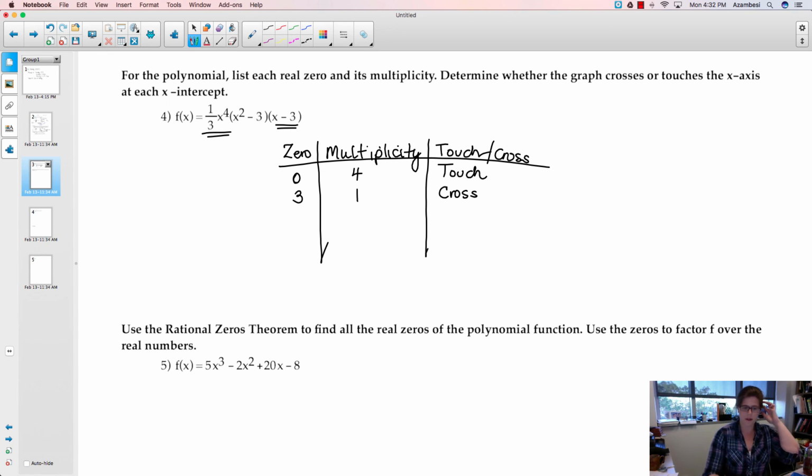Now the middle one is a little bit of a trick question because we already think that it's listed out and factored, but this thing can factor further. Notice that you have a squared term on the inside. If I were to factor x squared minus 3, it's the same as saying x plus the square root of 3 times x minus the square root of 3.